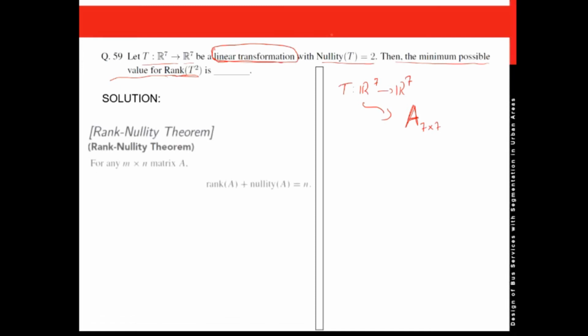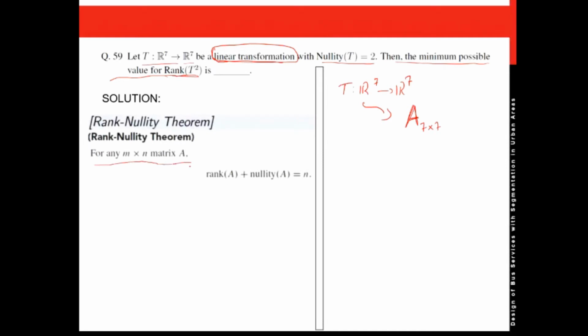So by the rank nullity theorem, for any m cross n matrix A, rank of A plus nullity of A is equal to n, that is the number of columns. This result is a very important result, the rank nullity theorem. In every exam, there must be at least one question you can solve using the rank nullity theorem.